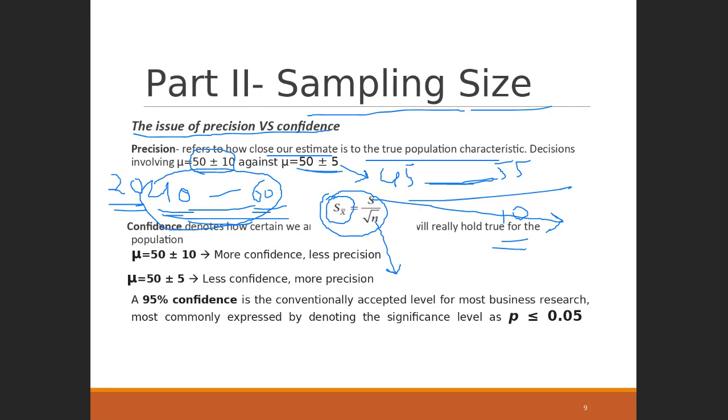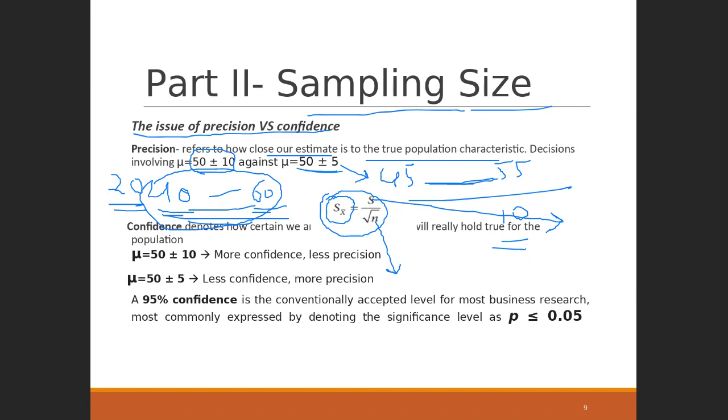So if you are studying a population which has a lot of variability, you need to have a large sample size. But if the extent of variation in the population is low, then you can do well with a small sample size as well.